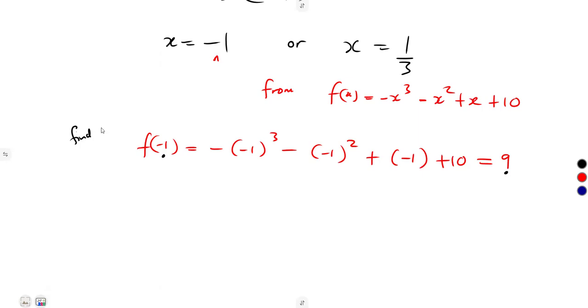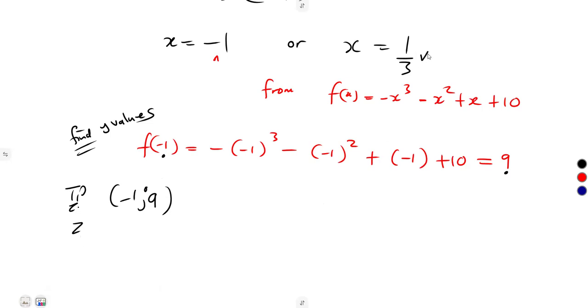Here, remember, you need to find the y values in this case. So when x is negative 1, y is positive 9. It's a point representing the turning point. So meaning to say there is a turning point that is given from this. Negative 1 for the value of x, y is equal to 9. It's a turning point.